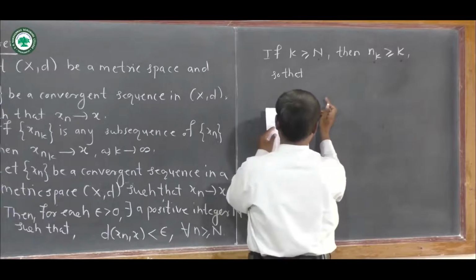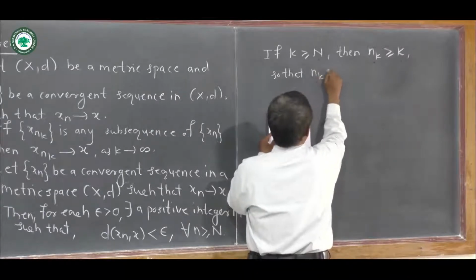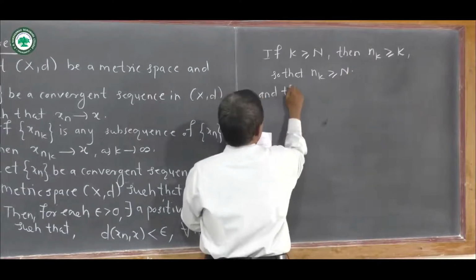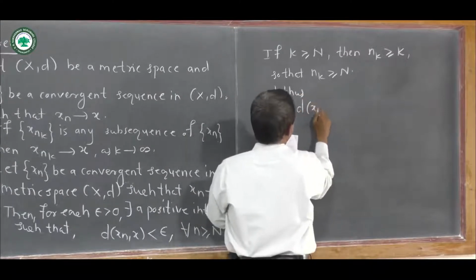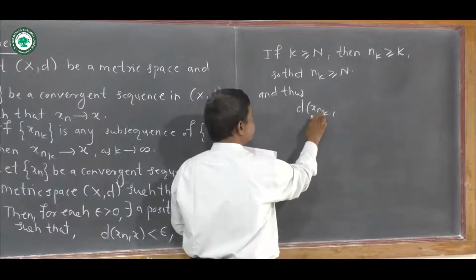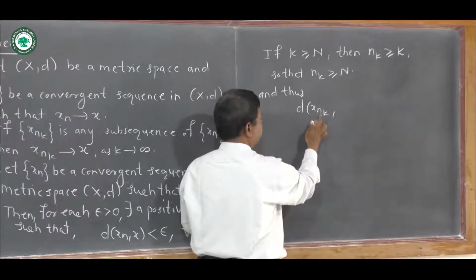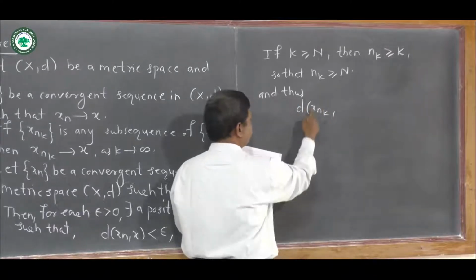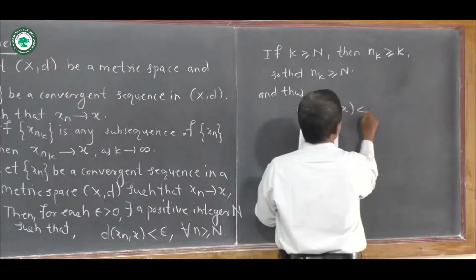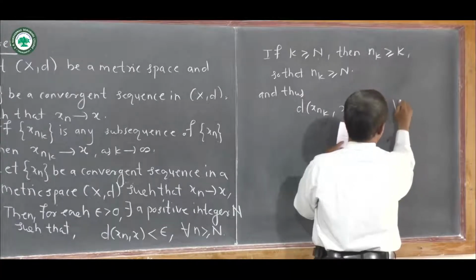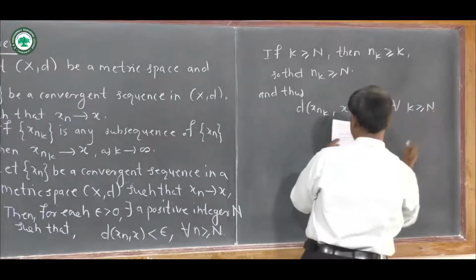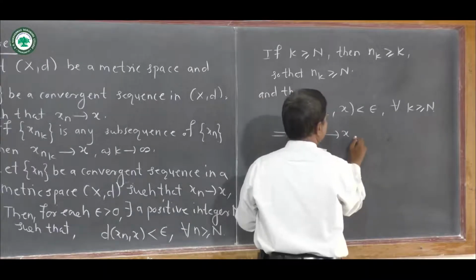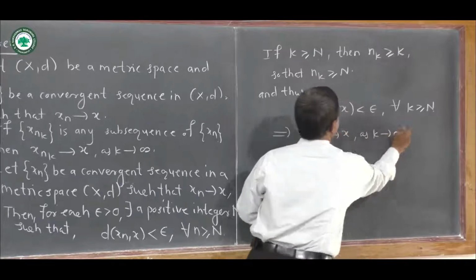So nk is greater than or equal to N, and thus the distance between xnk, which is a subsequence formed by using the terms of the sequence xn, and x is less than epsilon for all k greater than or equal to N. So this implies that this subsequence xnk converges to x as k tends to infinity.